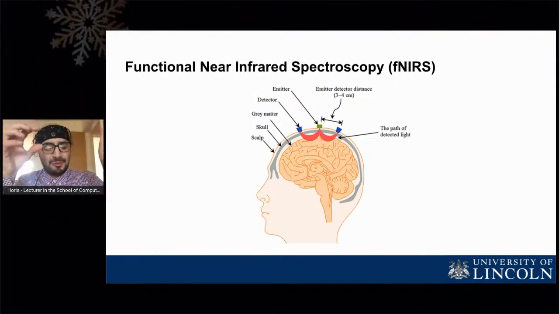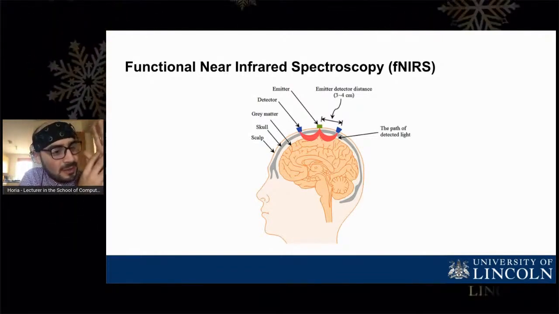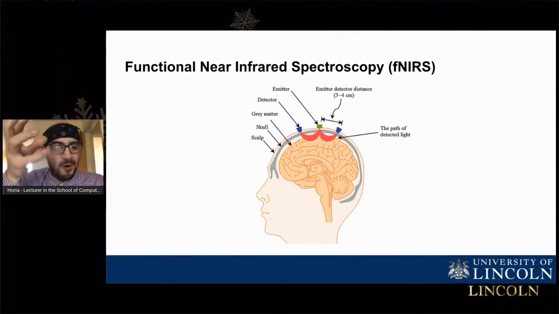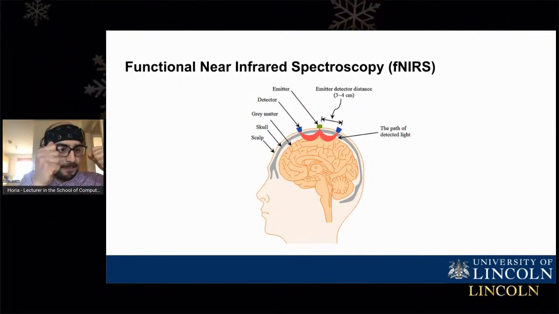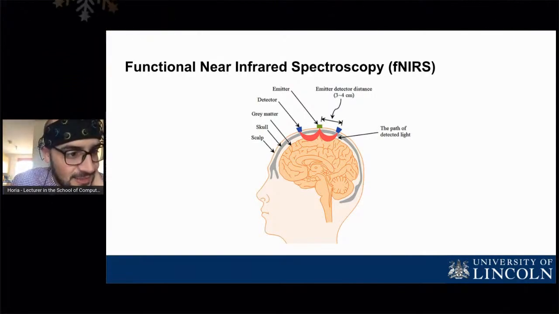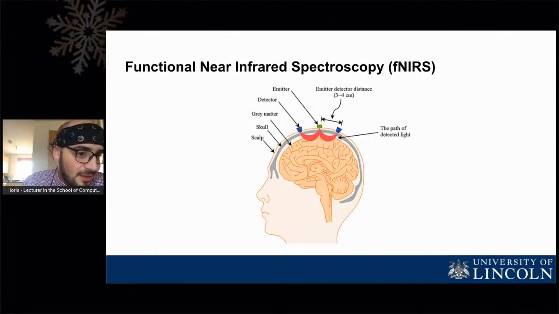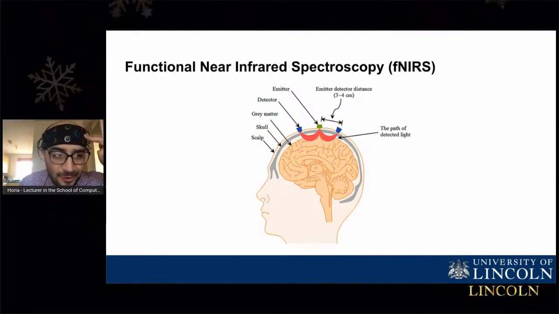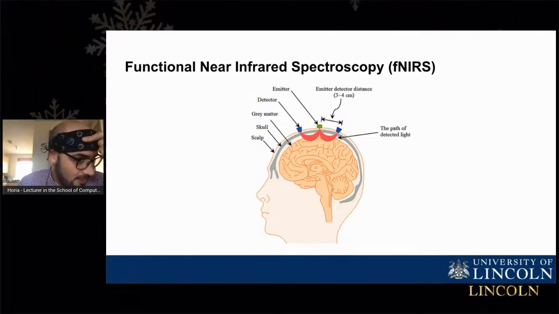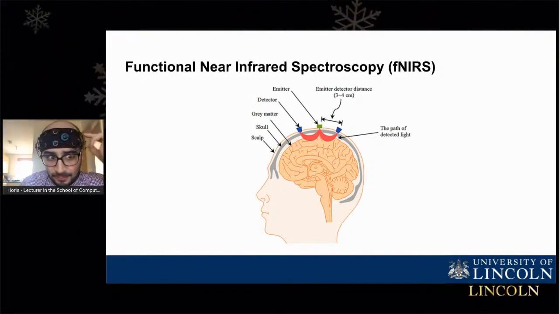Once the light reaches this area, hemoglobin has a property that absorbs light. So the more hemoglobin you've got, the more light will be absorbed by it, and less light will be refracted back to the light detector. So we can see very easily using this brain scanner when I've got more or less fresh oxygen in the left part of my brain, the right part of my brain, or in any of these different channel locations on my forehead.